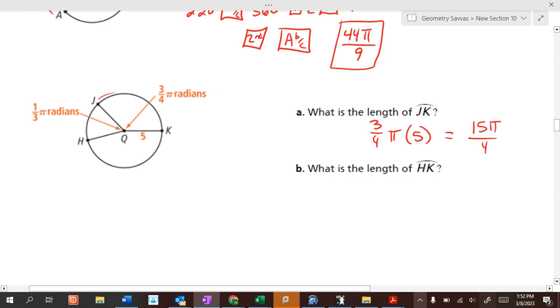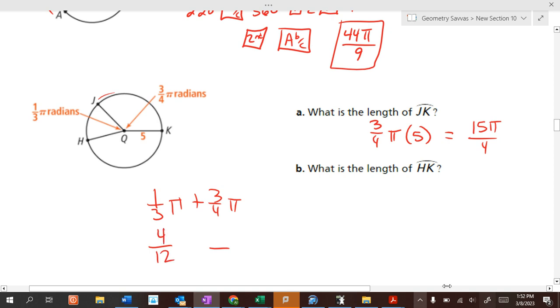Easy peasy lemon squeezy. Now, if we want to find HK, we have to add up 1/3 pi plus 3/4 pi. Well, 1/3 and 3/4 your calculator can handle really easily. But if we do it without a calculator, what's the common denominator between 3 and 4? 12.